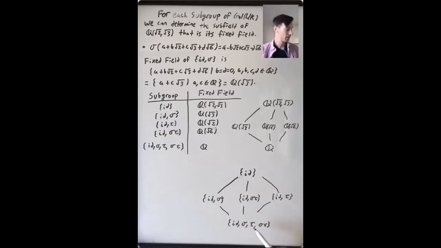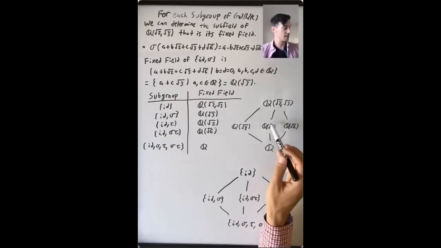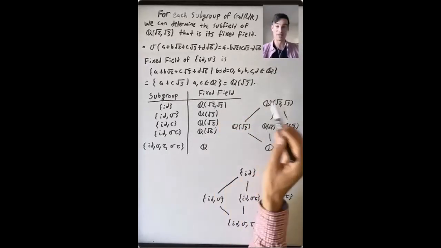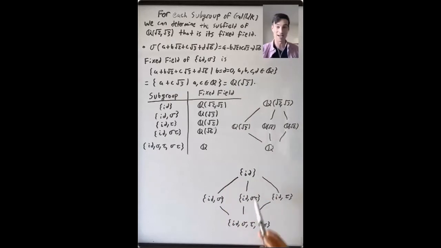And what I've done is drawn this diagram in such a way that every subgroup is in the same place that its fixed field is up here, so there's this kind of symmetry, this correspondence that you can see in this diagram. So this is the kind of thing that we're moving towards understanding in general, this correspondence between subgroups of the Galois group and subfields of L containing this base field K.